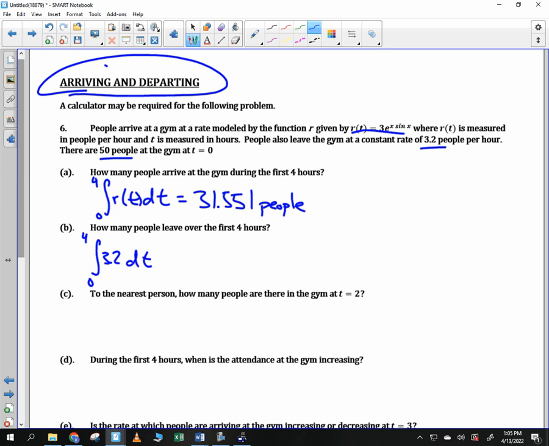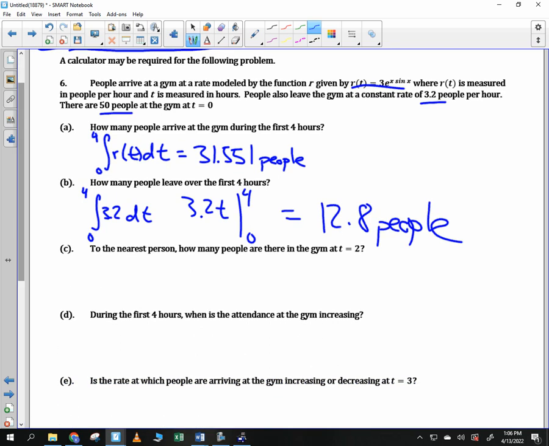What's the antiderivative of 3.2? 3.2t, right? And you're evaluating that at 4 and 0. Can everybody see you just take 3.2 times 4? So that's the operation. So as Colin said, you get 12.8 people are leaving.